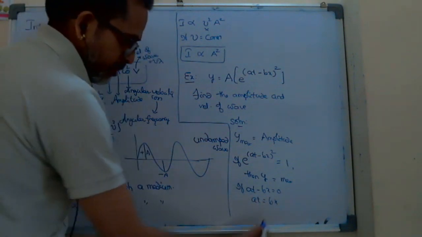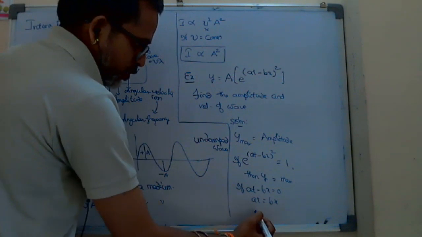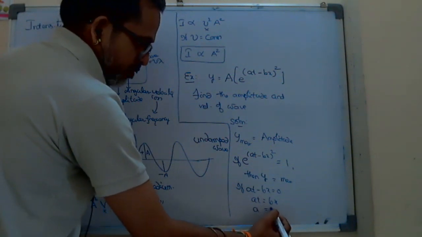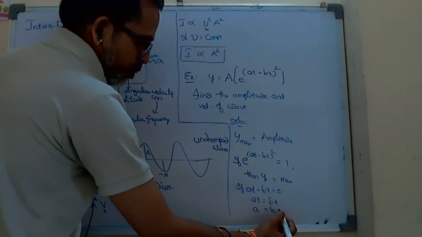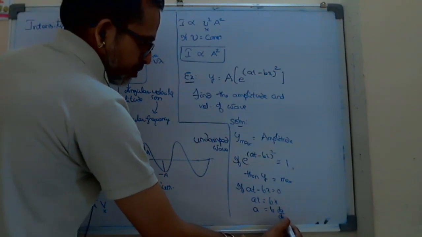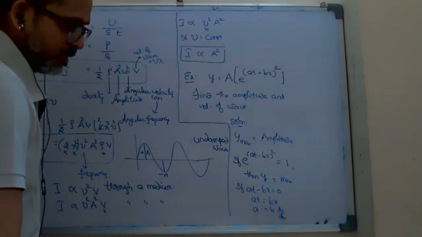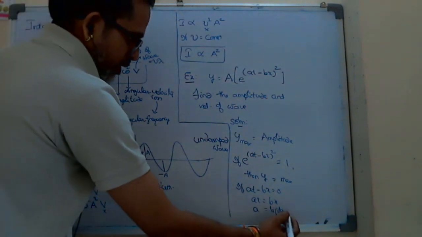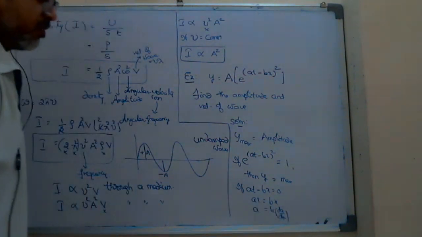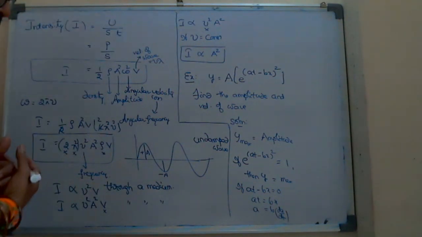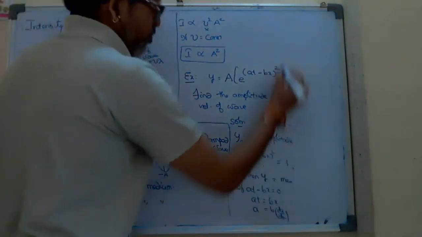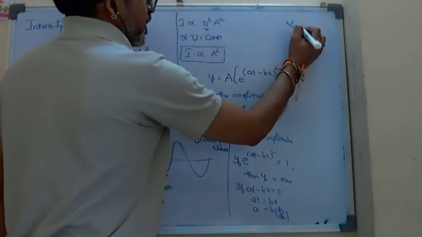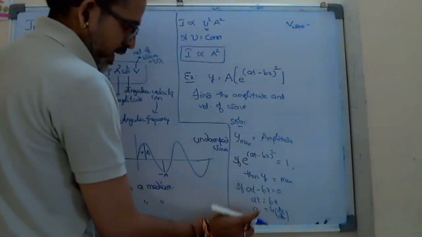Differentiate this equation to get dx by dt. With respect to time, if I differentiate, a is equals to b into dx by dt. Am I right? Yes, sir. Then dx by dt is the velocity of the wave, as I told you just now. So this is the velocity of the wave: first I got the velocity of the wave as a by b.